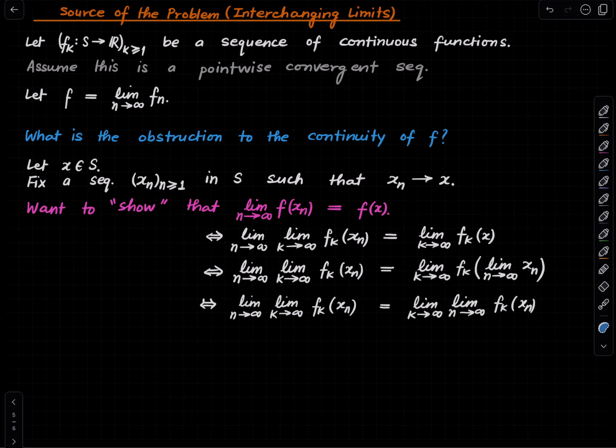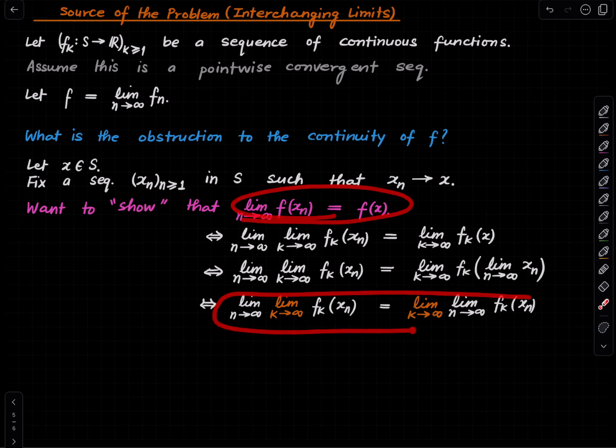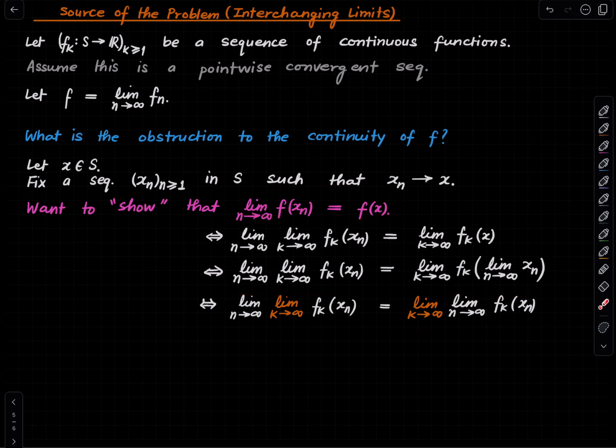Let me color code. I hate this software. The limits have interchanged. So showing this is equivalent to showing that the limits can be interchanged. This limit has switched place with this limit.